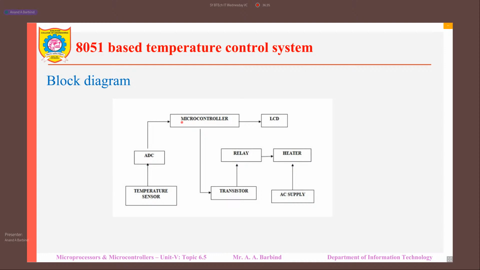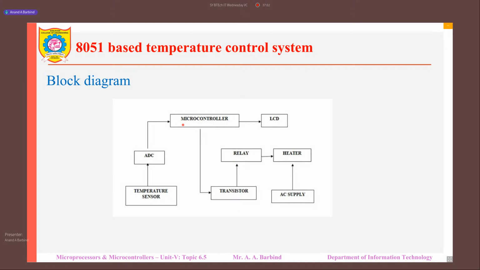So the microcontroller is at the heart of this system, and there are various ports available with the microcontroller, and you need to interface various input output devices to build a particular system.